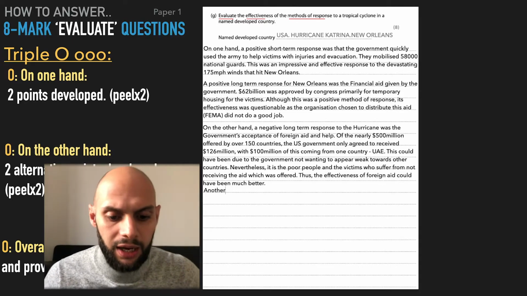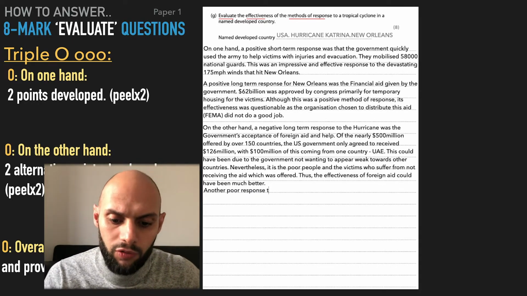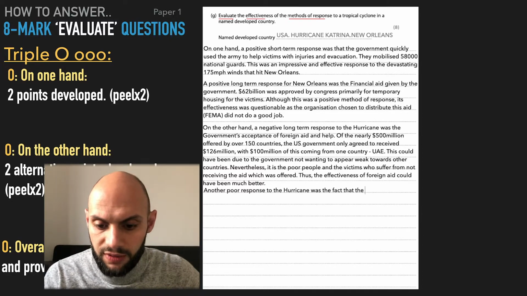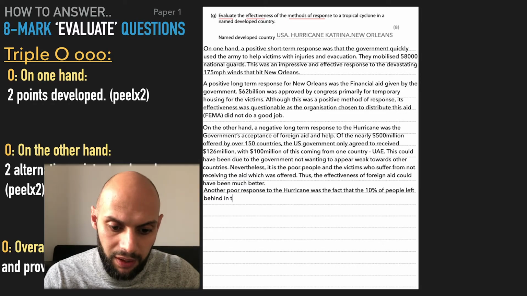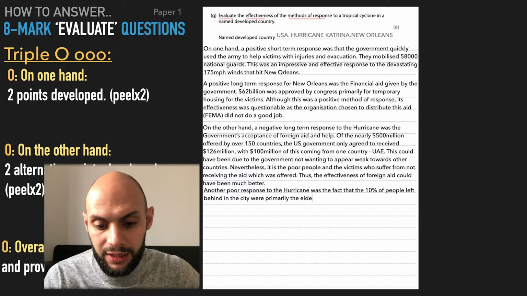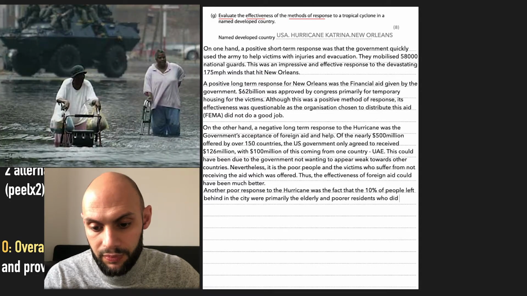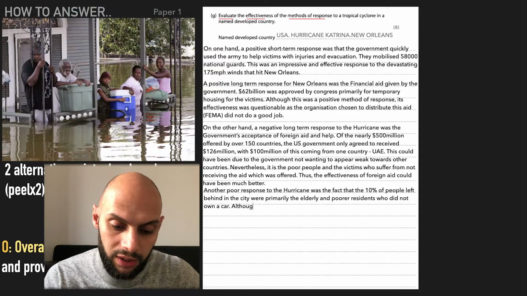So another poor response to the hurricane was the fact that the 10% of people left behind in the city were primarily the elderly and poorer residents who did not own a car.